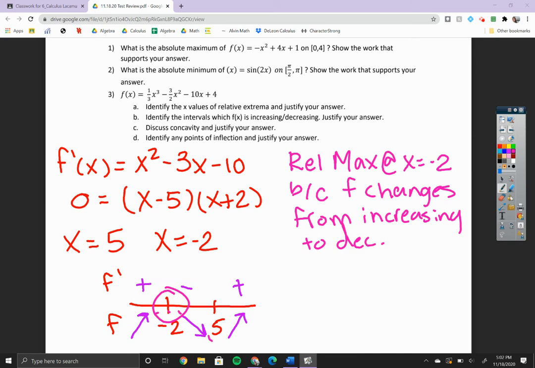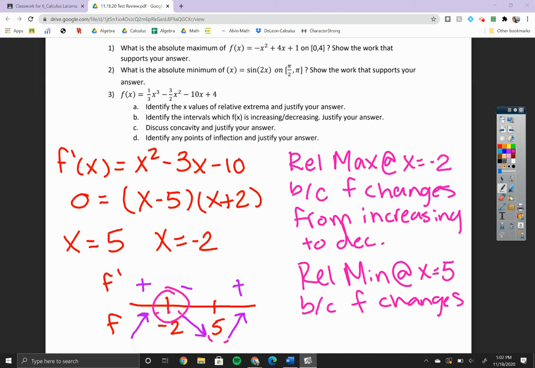And then if we look here, we have a relative min at x equals 5, because f changes from decreasing to increasing. And of course, we know this because of the first derivative test. All right, so that's our answers to part A.